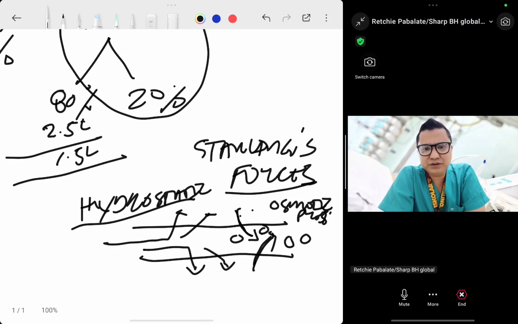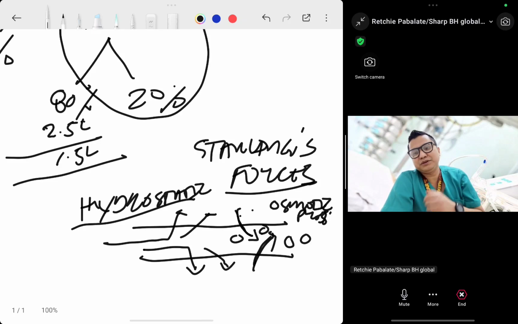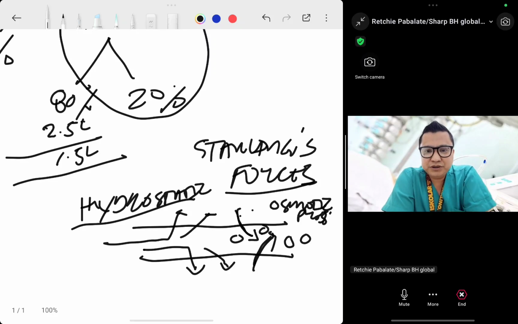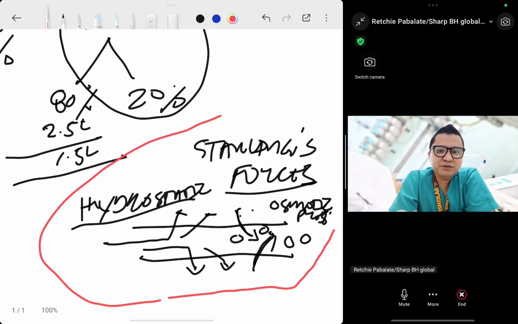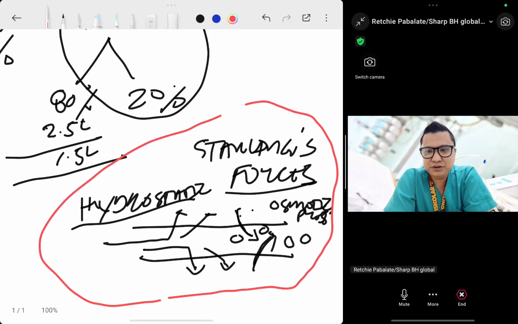You will notice that these persons develop edema. For what reason? Because they don't have enough albumin to pull that water from the interstitial space into the intravascular space. So what do I mean by this? We need to have a balance between hydrostatic pressure and osmotic pressure in order to maintain fluid homeostasis inside the body.